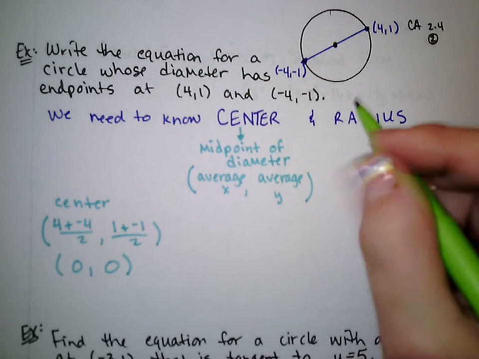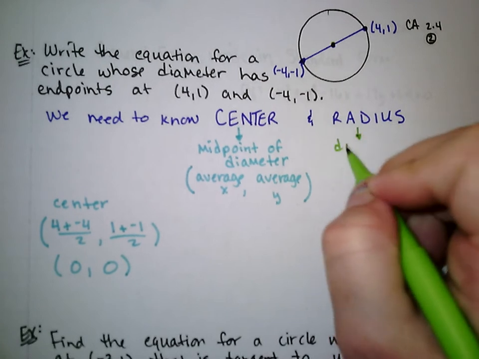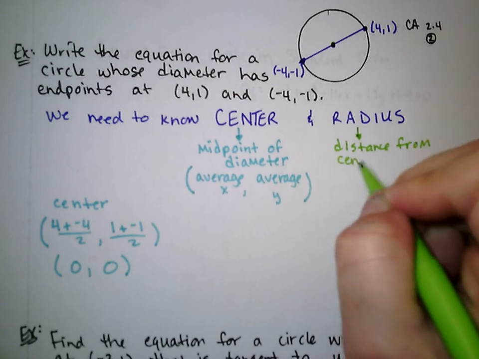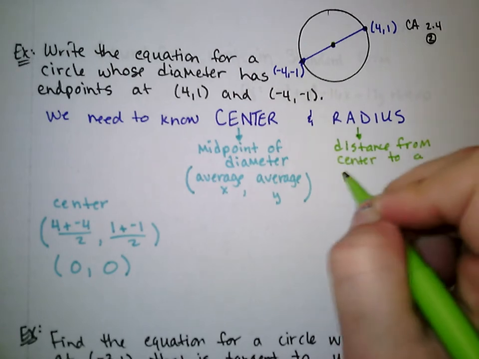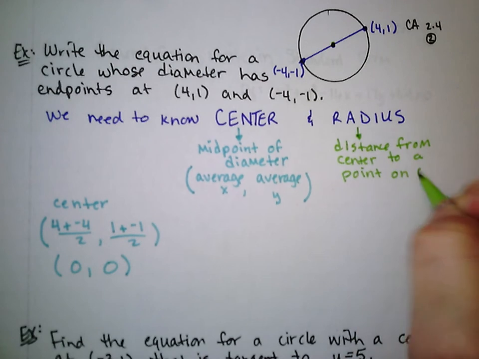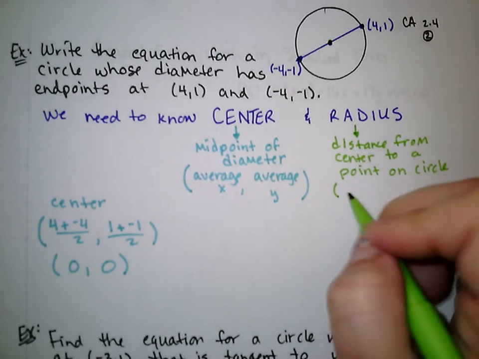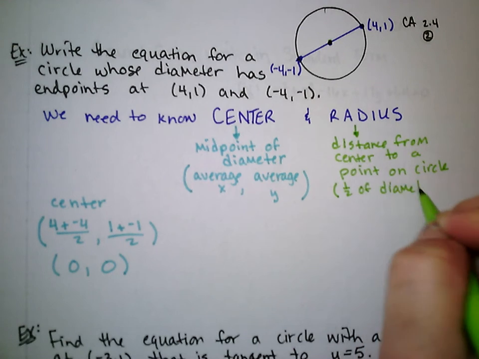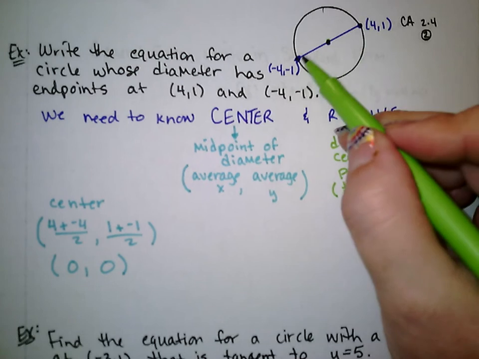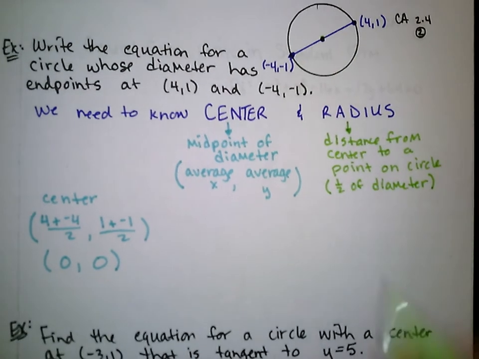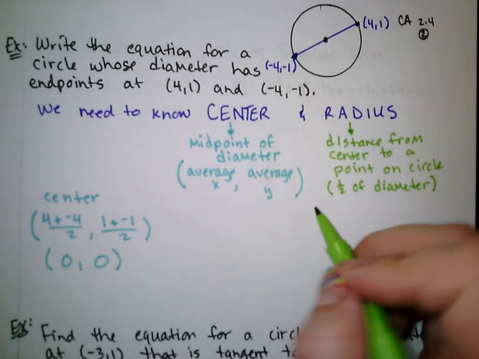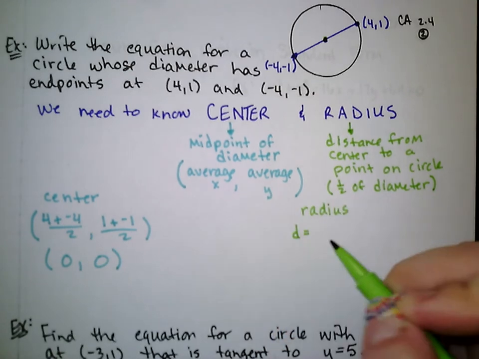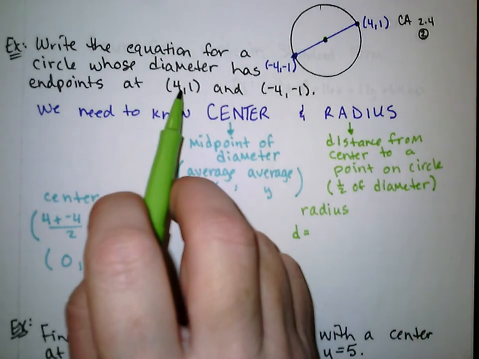We can either find the distance from center to a point on the circle, or we can do half of the diameter, which we would have to find the distance between these 2 points and then divide by 2. So I'm going to do the distance between the center and this point, 4, 1.